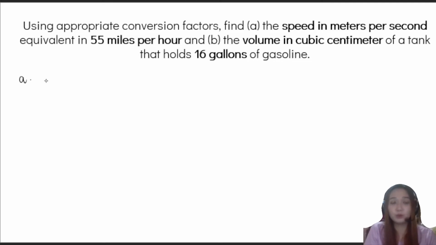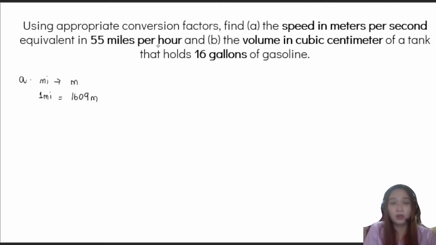So we first have to know the conversion factor of miles to meters. How many meters does 1 mile have? Okay, so according to the conversion factor from the previous slides, 1 mile is equal to approximately 1,609 meters.